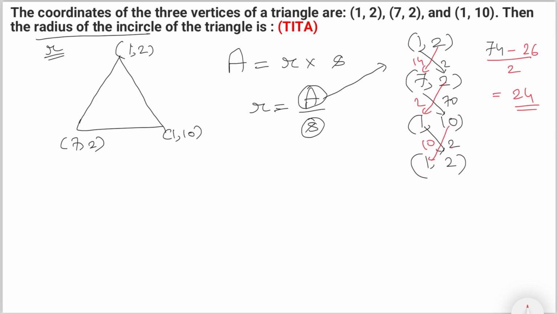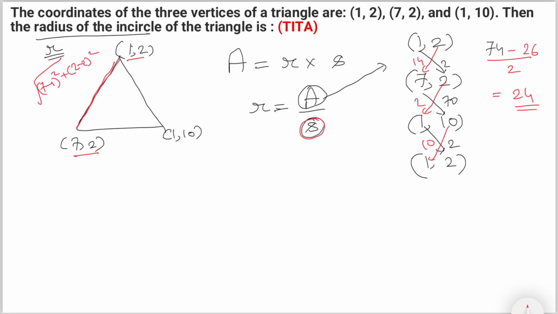The next step is to find the semi-perimeter here. For the semi-perimeter, guys, we'll need the perimeter of this triangle, and for that we will need the length of the individual sides. So for the sides now we can use the distance formula, like (1, 2) and (7, 2). The distance between these two vertices can be found as square root of (7 minus 1) the whole square plus (2 minus 2) the whole square.